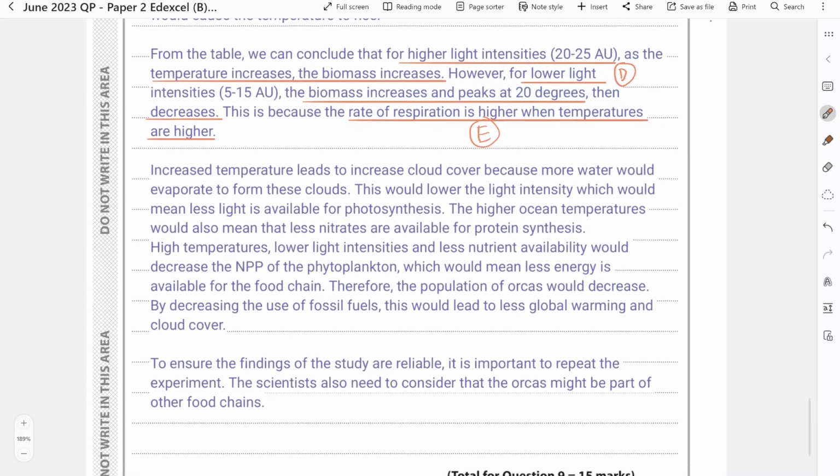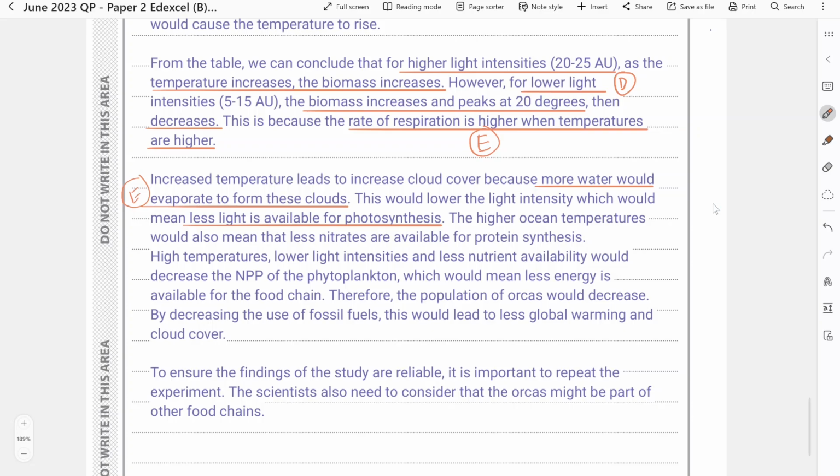Increased temperature leads to increased cloud cover because more water would be evaporating to form these clouds. So that's an explanation. This would lower the light intensity, which means less light is available for photosynthesis. That would also be an explanation.